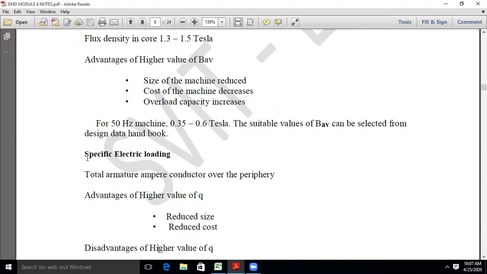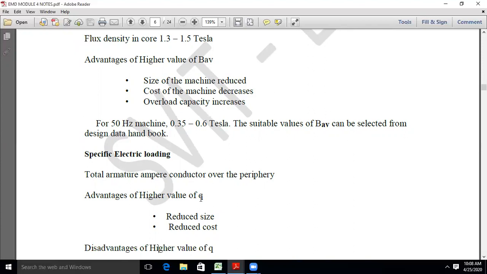Now the specific electric loading is the total armature ampere conductors over the periphery. The specific electric loading is given by q.